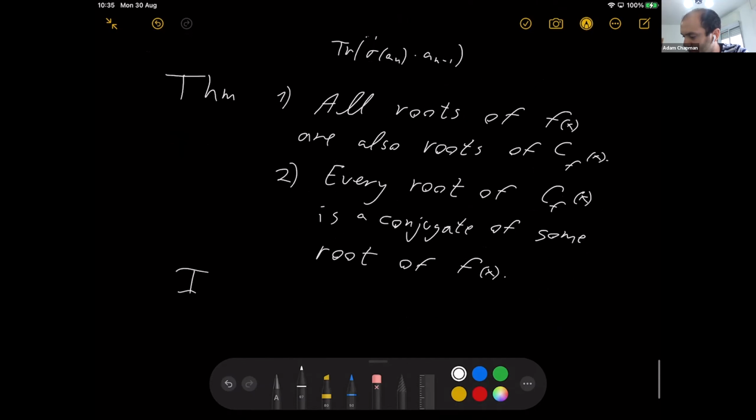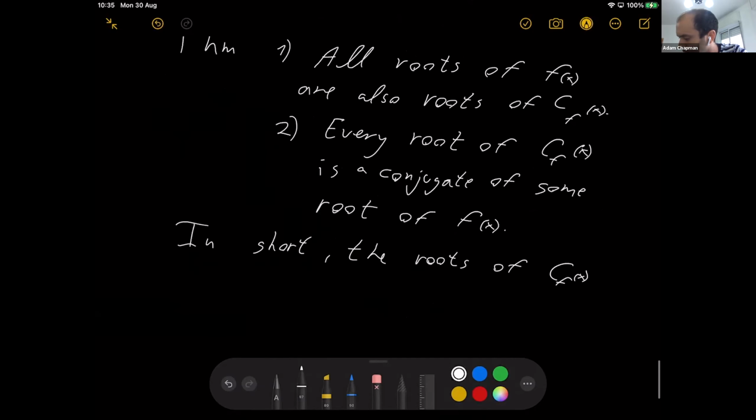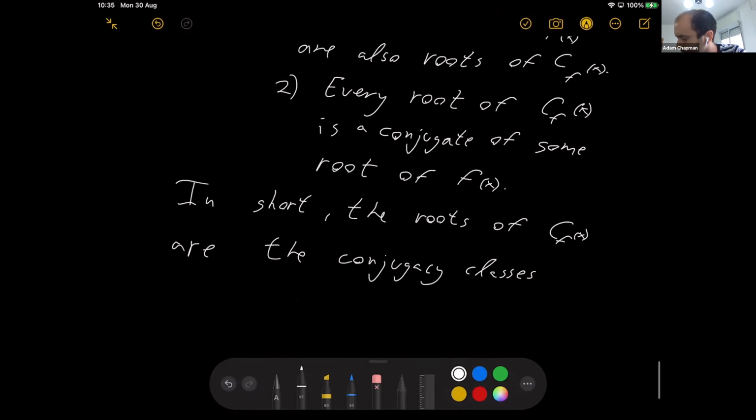In short, the roots of cfx are the conjugacy classes of the roots of fx.